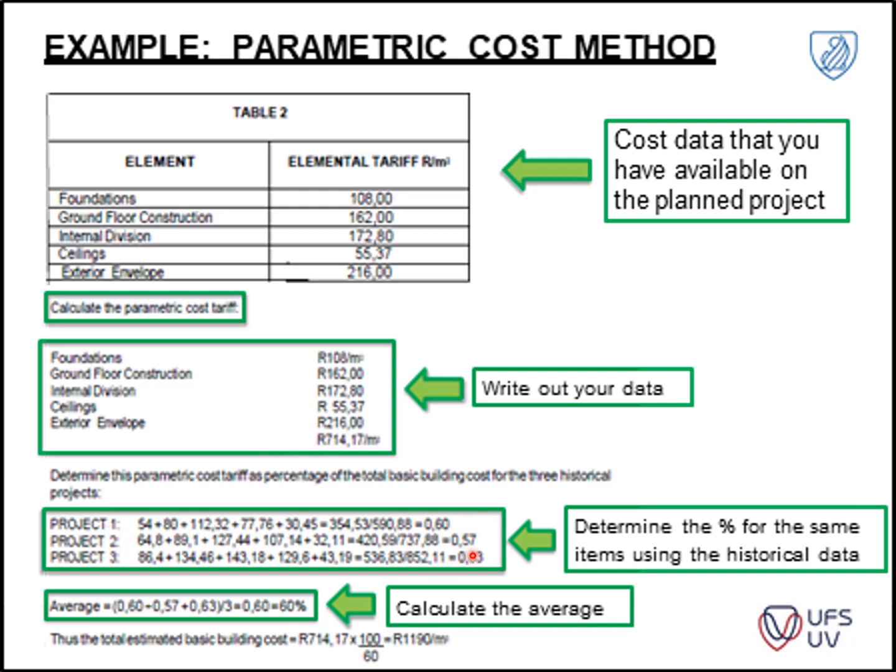So in project 1, we could see it contributed 60%, project 2, 57%, project 3, 63%. Okay, so then you work out the average of this, and it's simply adding the 3 percentages together and dividing it by the number of projects, in this case 3, to get a total percentage of 60%.